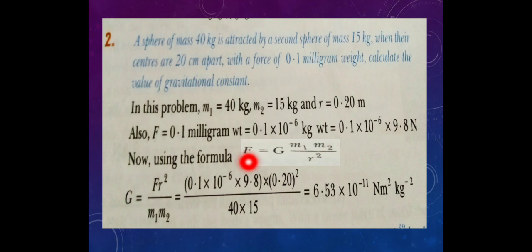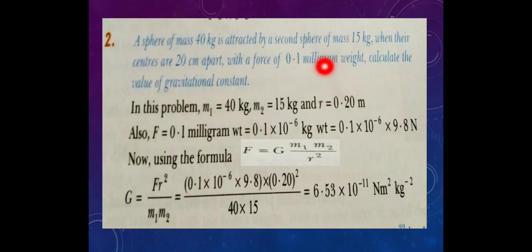Using the formula F is G into m1 m2 upon r square, F value 0.1 is given. We have to calculate the gravitational constant. That means force we know, 0.1 milligram weight. Now students, again understand why I have written 0.1 into 10 raised to minus 7. We have to change it to kilogram, Newton. What is the Newton unit?